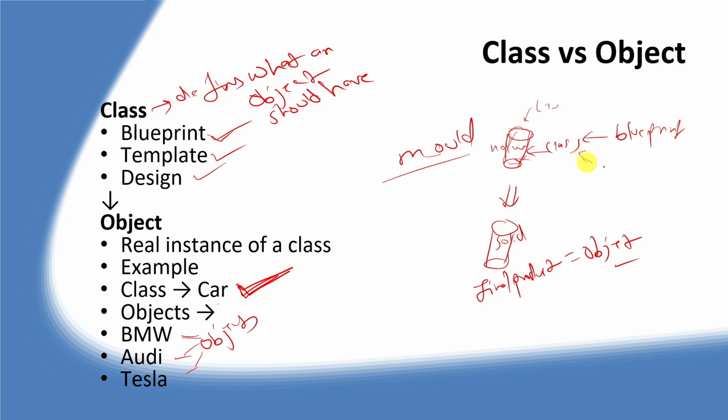It will have the definition of how the object will be created, what properties and behaviors the object will have. Those definitions will be present inside the class. Class is like a mold, and the final product is the object.